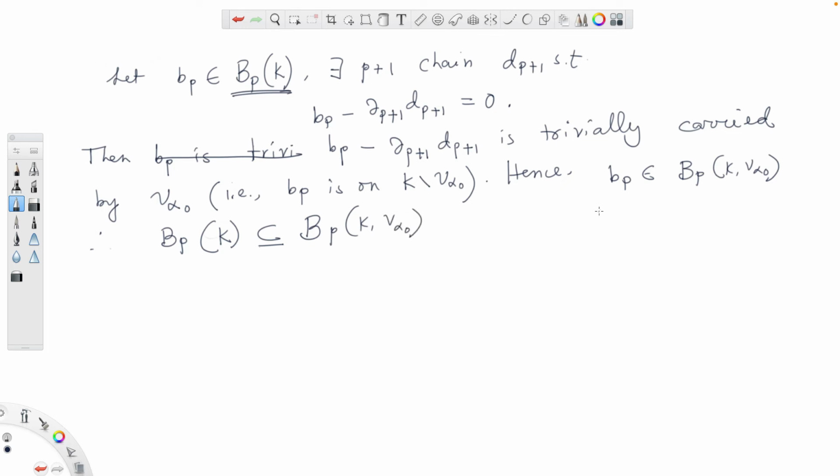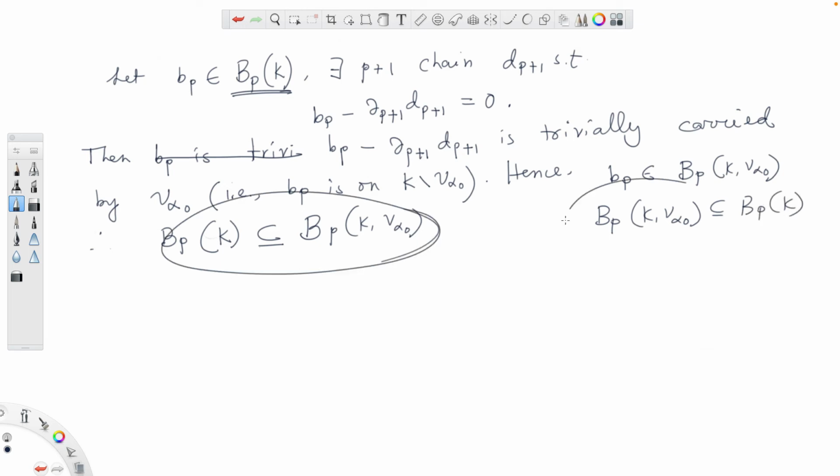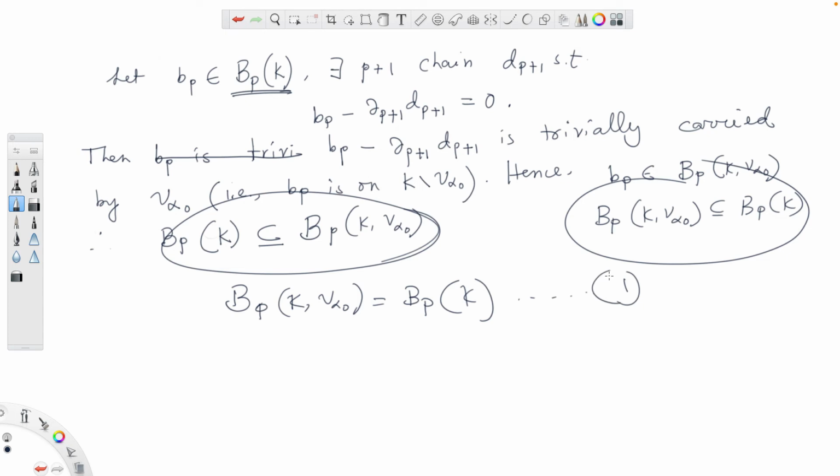Previously we have seen that Bp of K comma V alpha 0 is contained in Bp of K, so together we have Bp of K comma V alpha 0 is equal to Bp of K. This is our equation number 1. The equality of these two groups is numbered as equation 1.